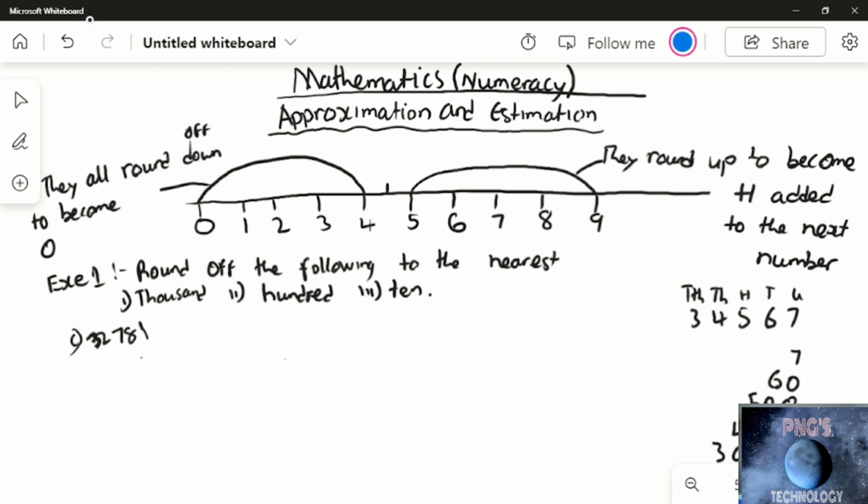So to the thousand, C1. 32781. So this is unit, tens, hundred, thousand.